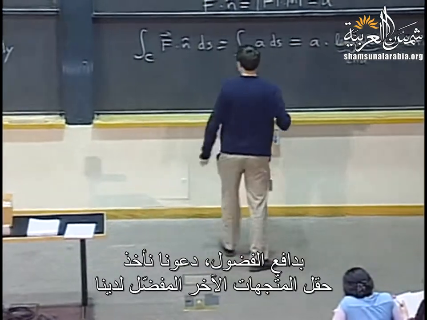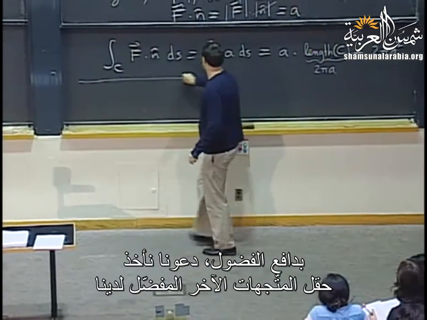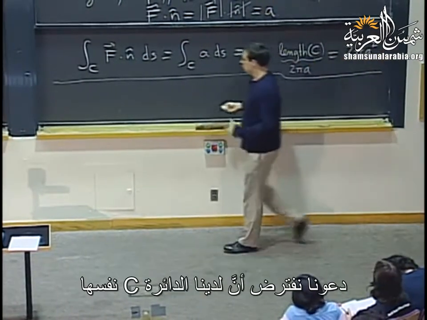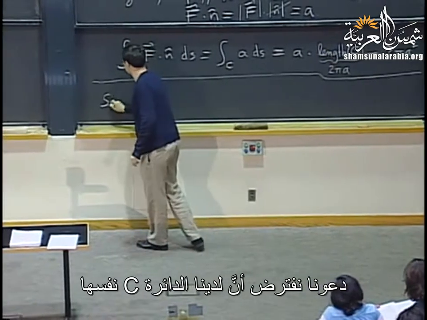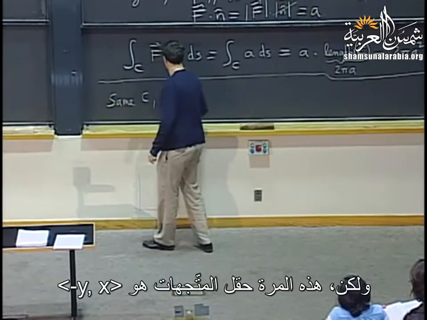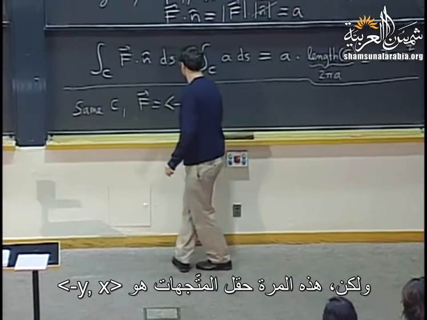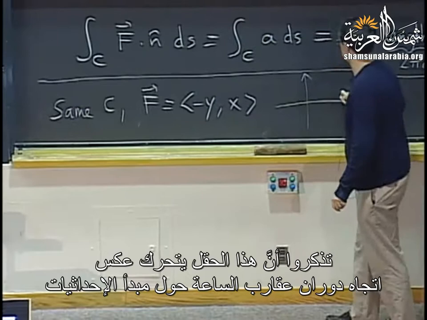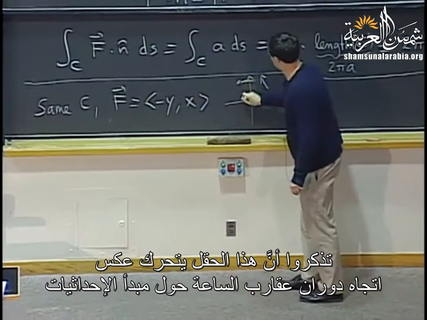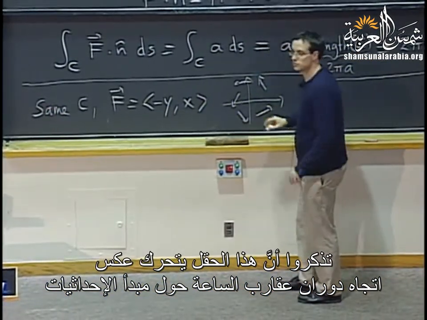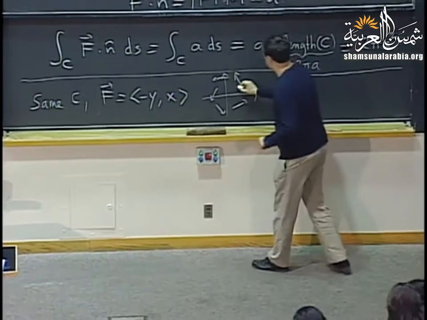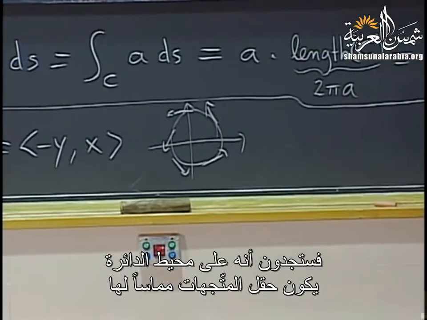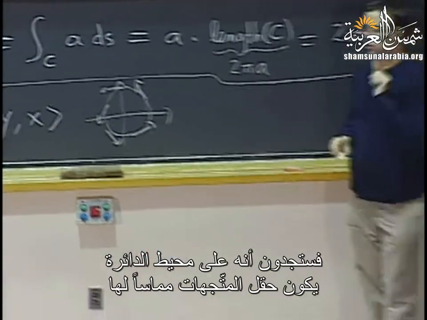Okay. Just out of curiosity, let's say that we had taken our other favorite vector field. Let's say we had the same C, but now the vector field negative y comma x. Remember that one goes counterclockwise around the origin. So if you remember what we did several times, along the circle, that vector field now is tangent to the circle.